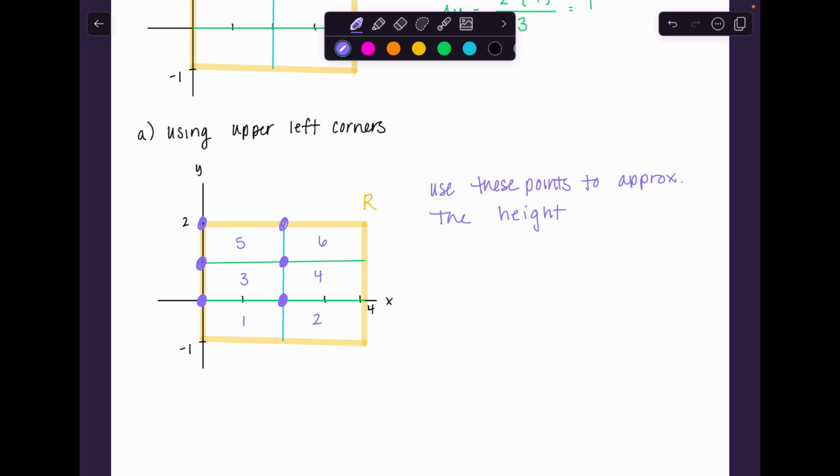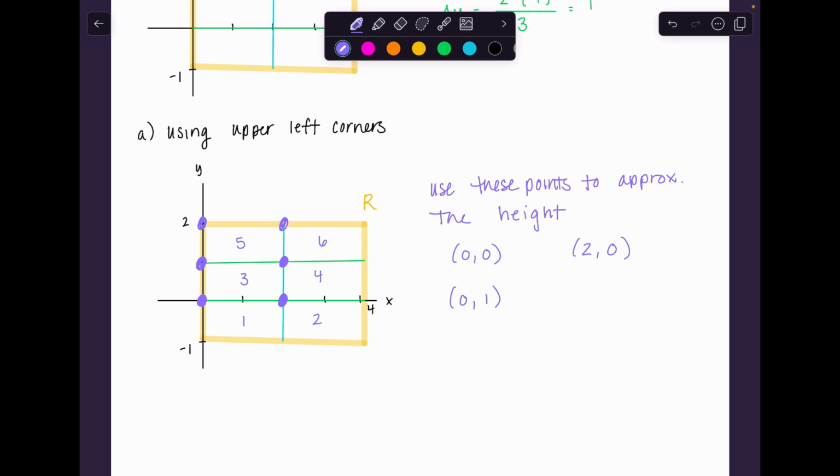So specifically, this first point here is 0, 0. We're going to plug that into the function to find the height on box or region 1. For region 2, we're going to use the point 2, 0 to find the height. Moving on to our third box, this point here would be 0, 1.